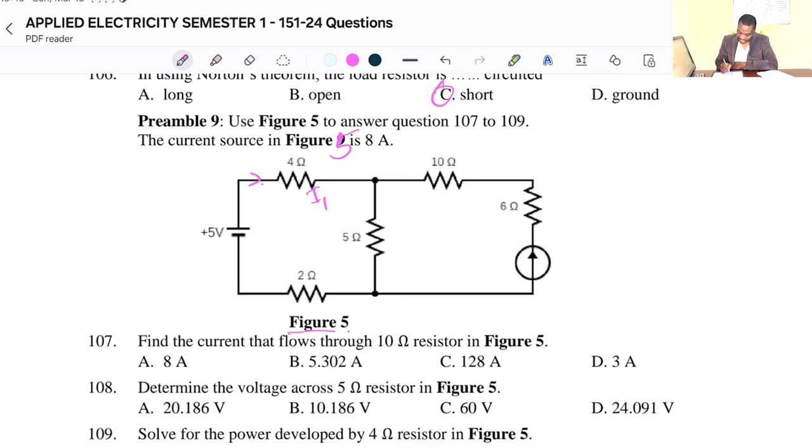Let's say this is I1, and here I2, then I have I3 leaving. If I apply Kirchhoff's current law to node A here, I1 plus I2 equals I3.